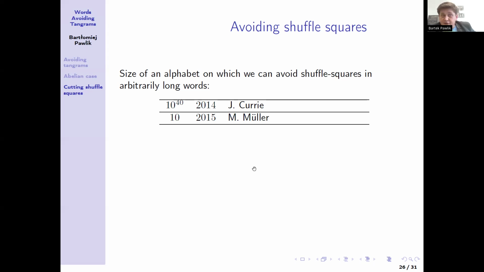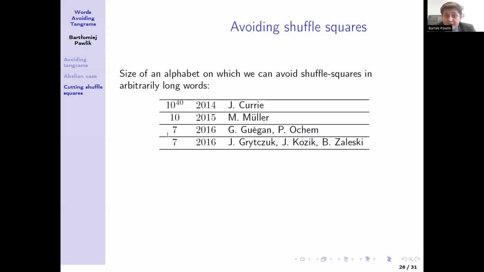As I recall, he showed that we can avoid shuffle squares on an alphabet of size 10. And then Guégan and Ochem, and Pascal Ochem, went to the number 7 independently.